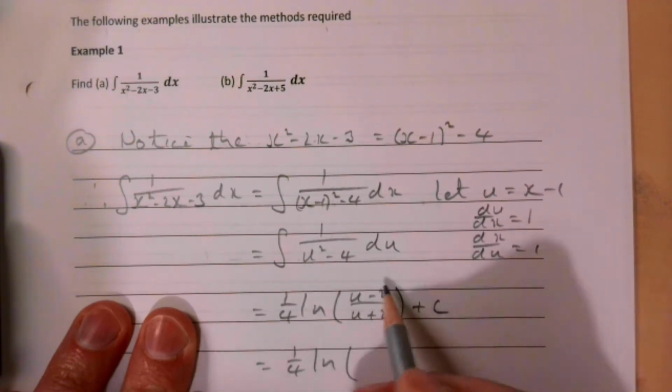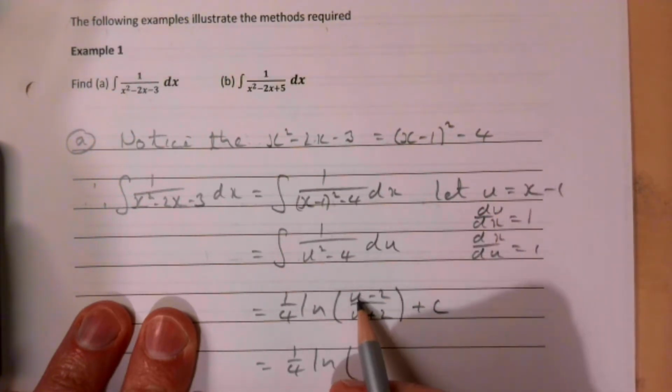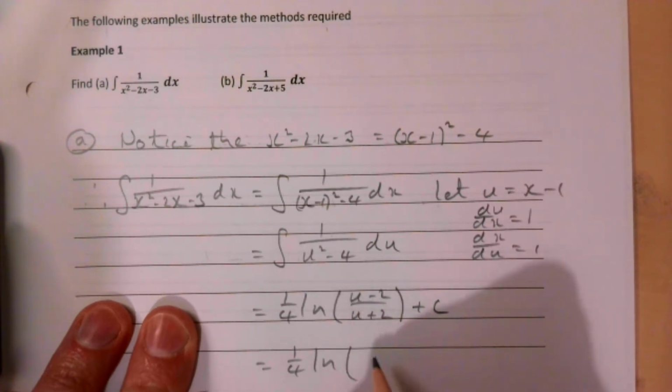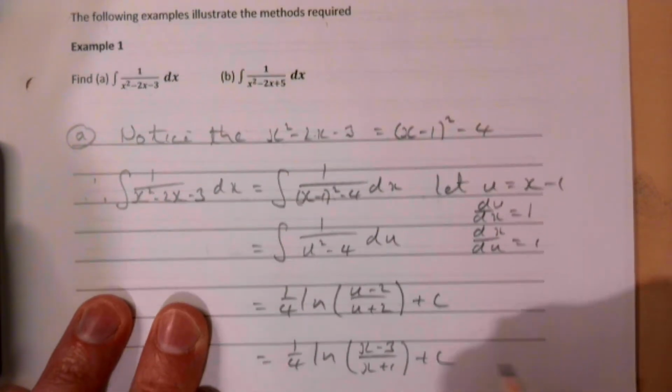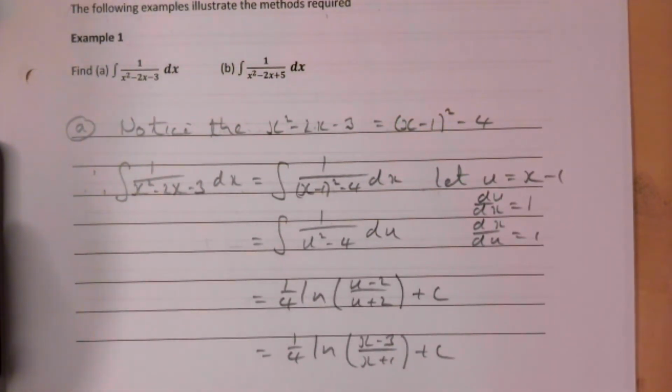That's what I started with. Of course u is x minus 1, so that's going to be x minus 1 minus 2, so that's x minus 3, all over x plus 1, and then we have plus c.